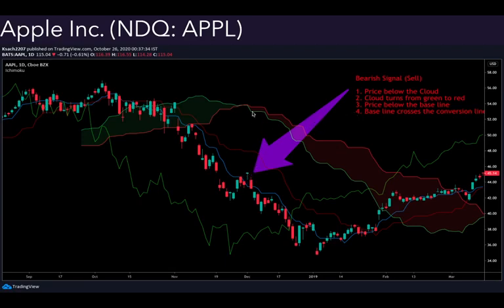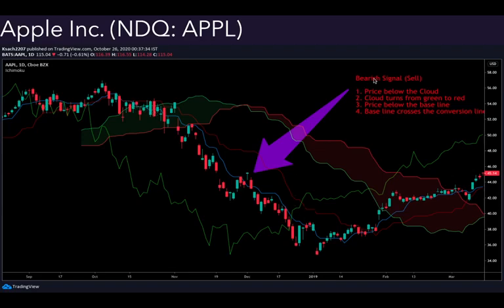Now at this level, the color of the cloud has changed from green to red, right? The stock price is trading below the baseline, and the lagging span is below the stock price. And if you closely see, the conversion line has crossed the baseline from the upward direction around here, right?